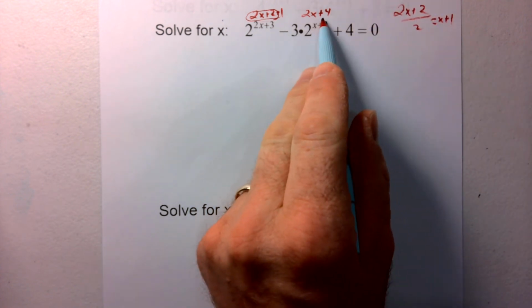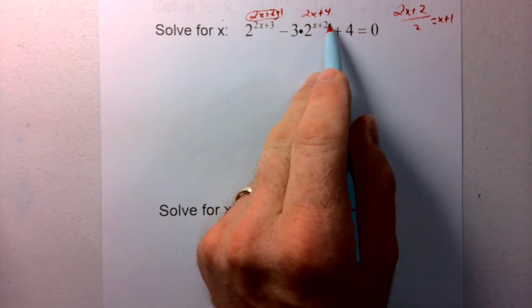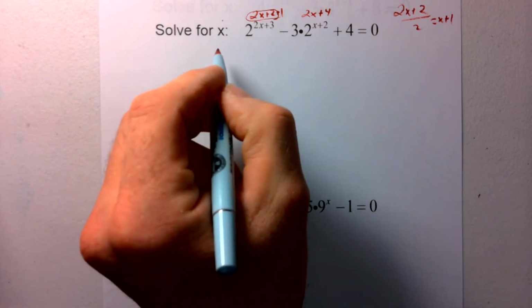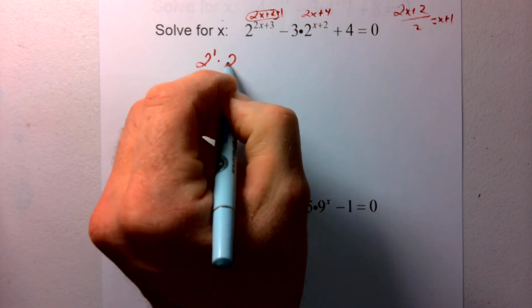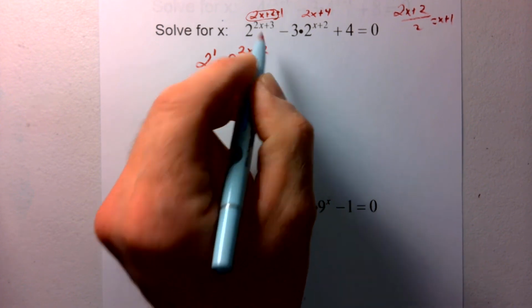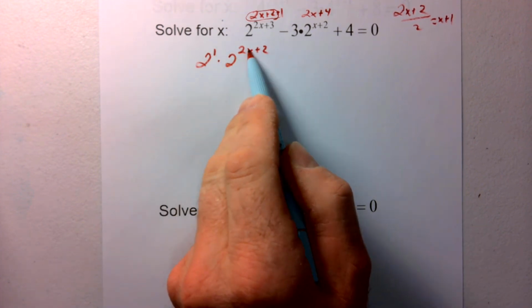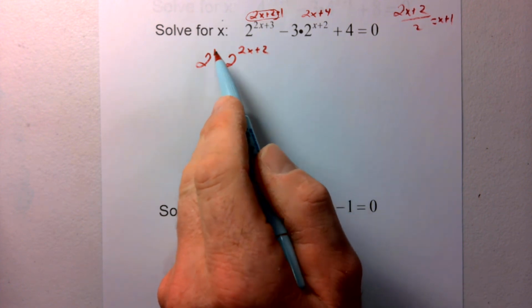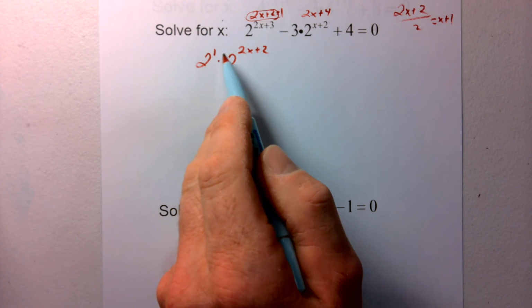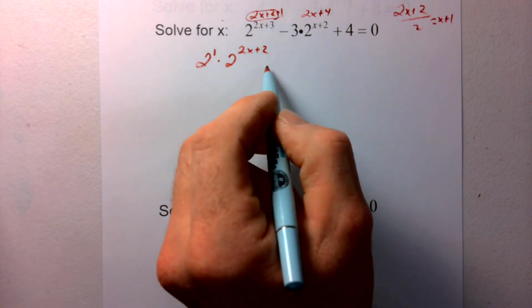I can make this x plus 2 into an x plus 1 plus 1. So what's that going to look like? Well, I'm going to break this into 2 to the first times 2 to the 2x plus 2. Notice again, I can add those two exponents together, and I still end up with 2x plus 3. So I'm not changing the meaning of this first term, I'm just changing what it looks like.